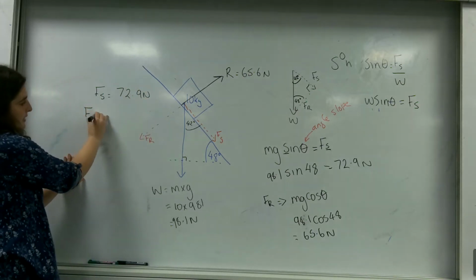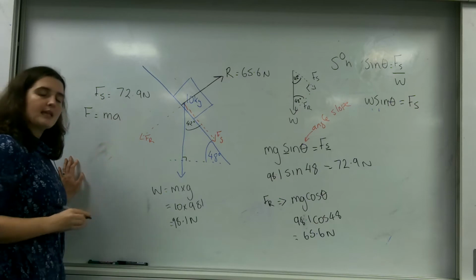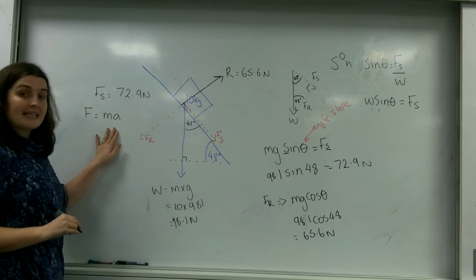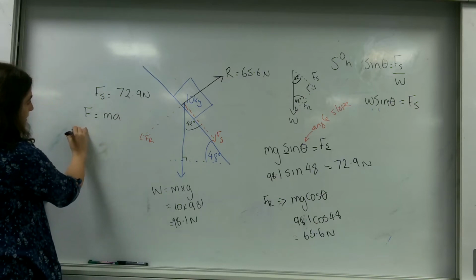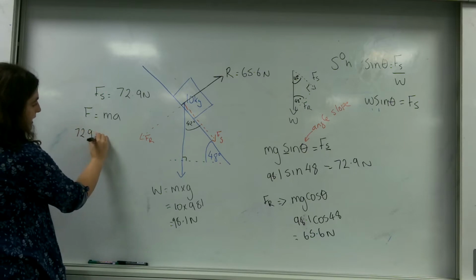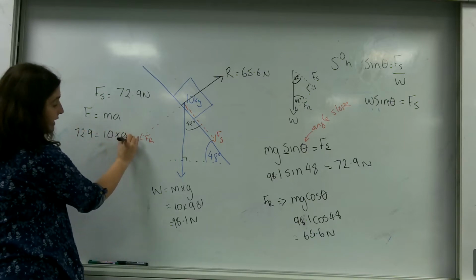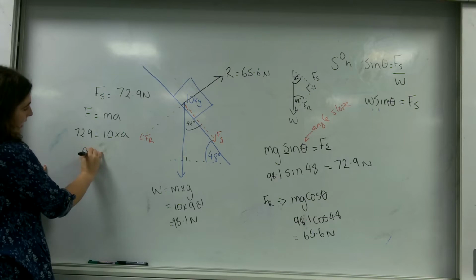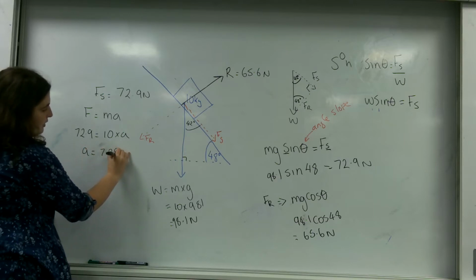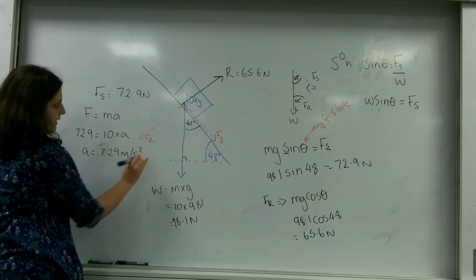And using Newton's second law, F equals ma, I can find the acceleration down the slope. So 72.9 is 10 times a, so a equals 7.29 meters per second squared.